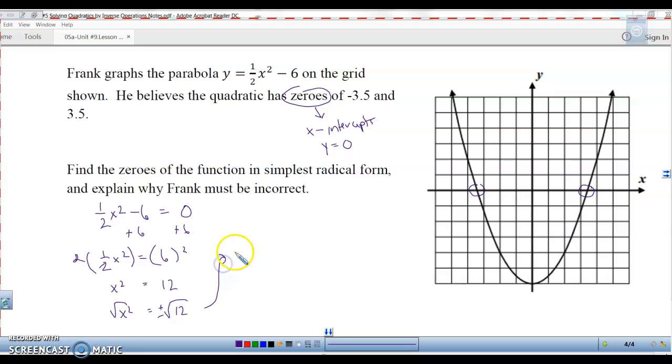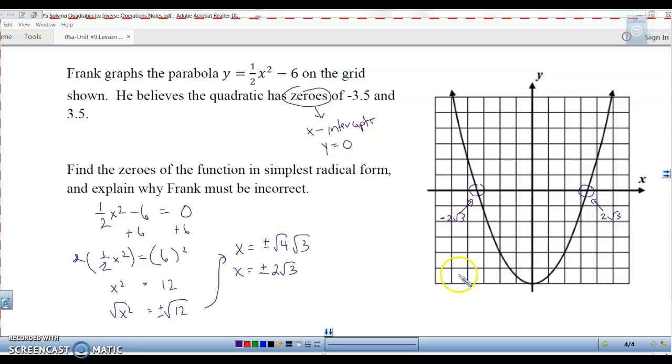And then that means, in simplest radical form, x is going to equal plus or minus, well, 12 has 4 in it. It's 4 times 3. The perfect square is 4. So it's going to be plus or minus the square root of 4, which is 2, times the square root of 3. So my two answers: this one is going to be negative 2 times the square root of 3, and this one is positive 2 times the square root of 3.